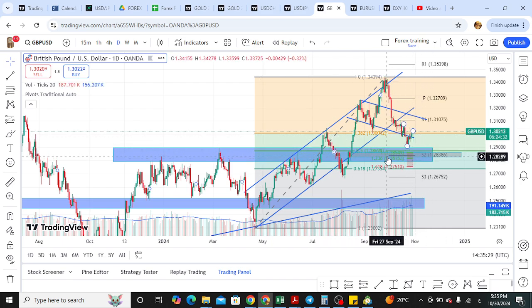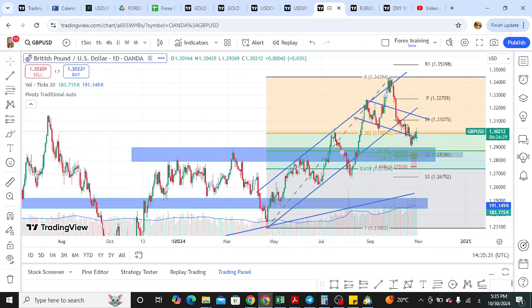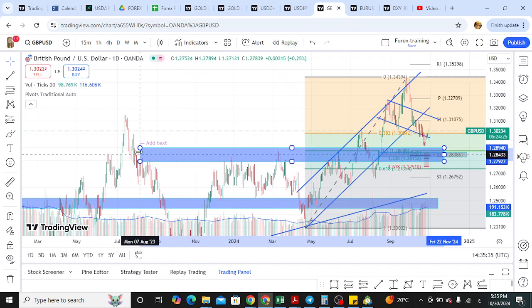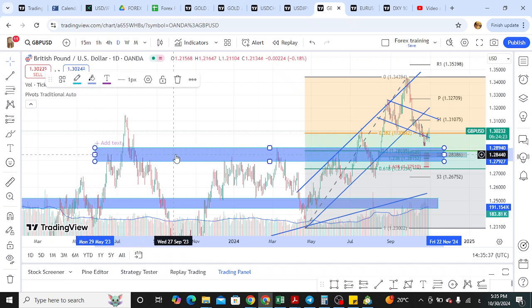So I look at this pivot point and then I go back and see if there are any bounces, retracement from this level, and as you can see, yes, there is. Now the next one is this one. This one is a level. Actually, you know what, I just realized this now.